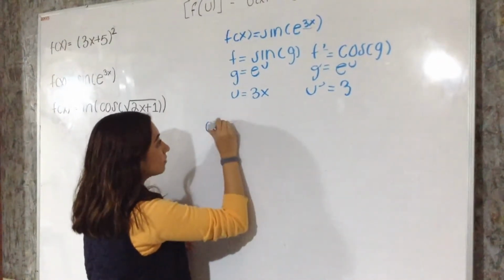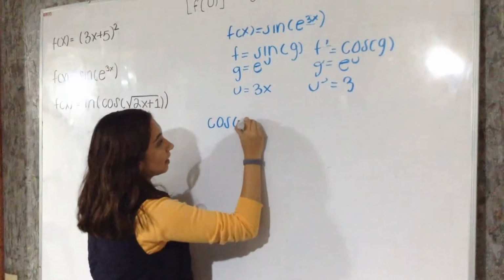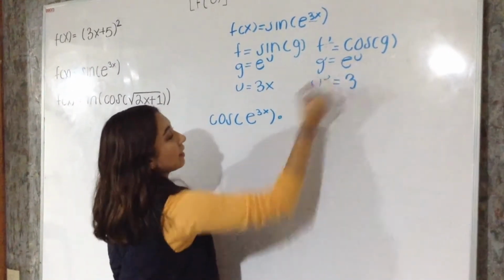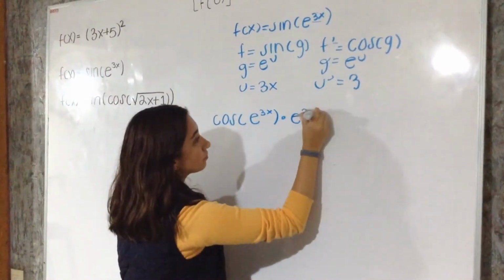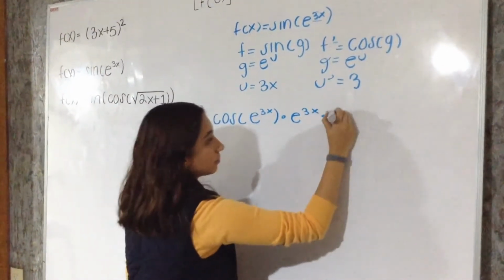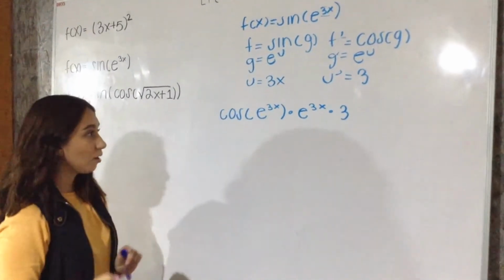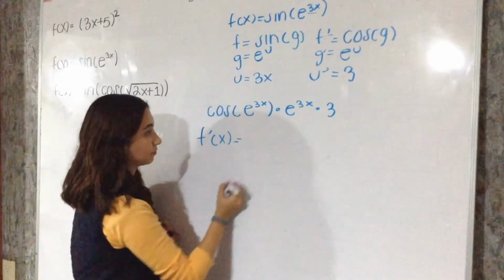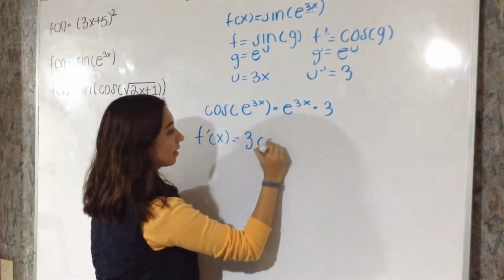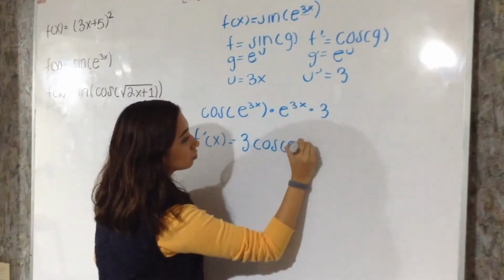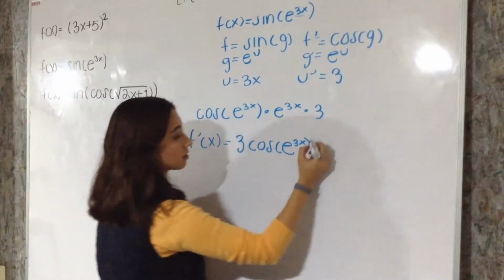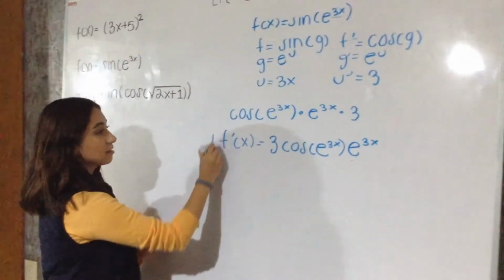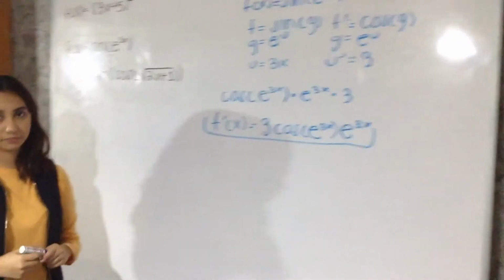It's going to be cosine of g, that is e to the u, multiplied by e to the u, that is going to be like this, multiplied by 3. Now, to present my answer, I'm going to have 3 cosine of e to the 3x multiplied by e to the 3x, and this is the result of my second function.